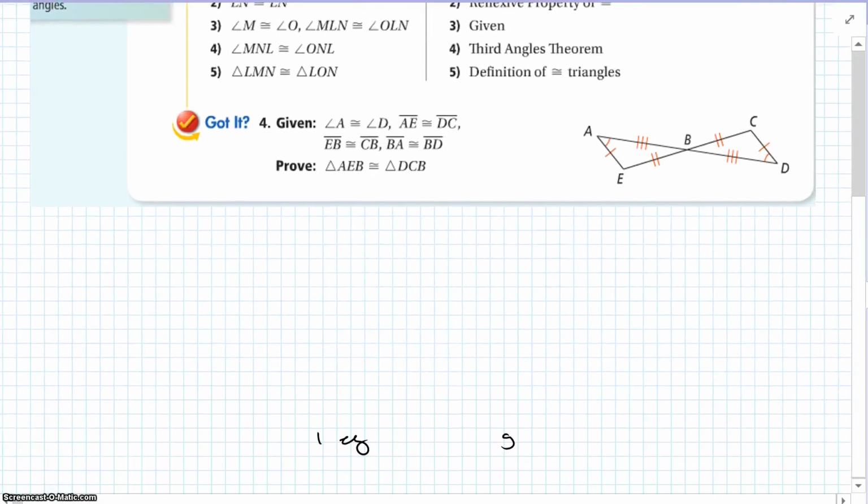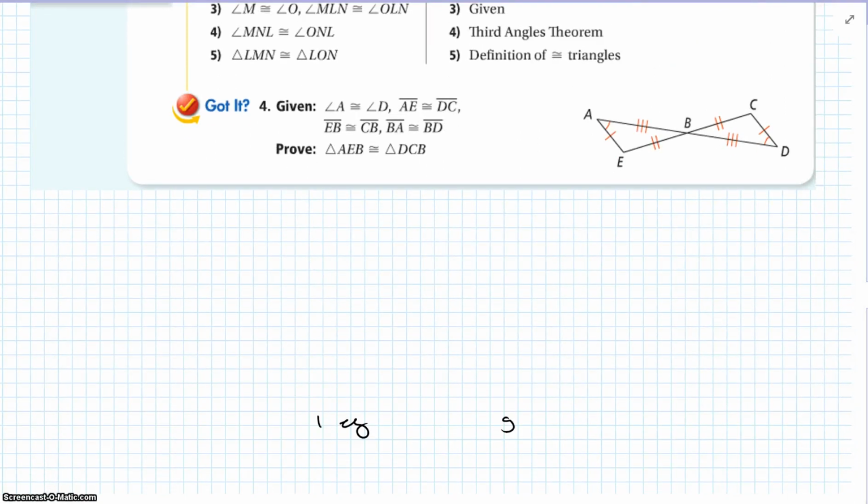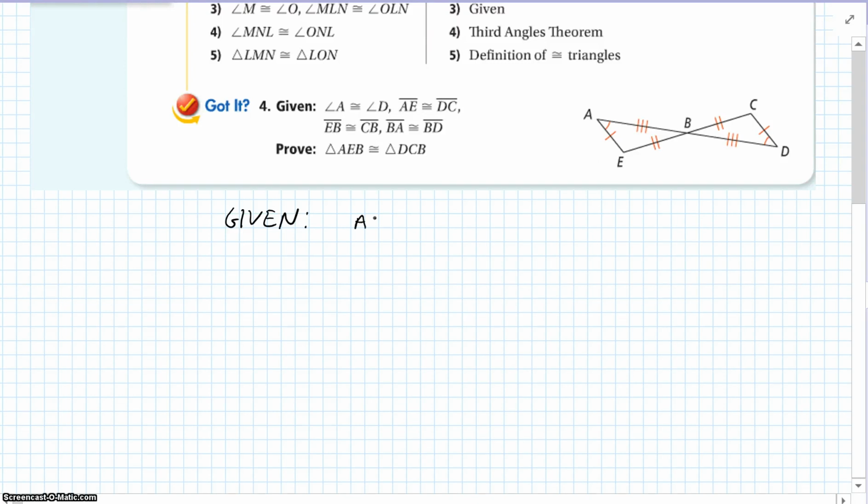All right, so let's look at the next example. Given the measure of angle A is congruent to the measure of angle D, and we know all 3 sides are congruent. So let's write all that stuff. So here's our givens. We know all 3 sides are congruent. We know AE is congruent to DC.